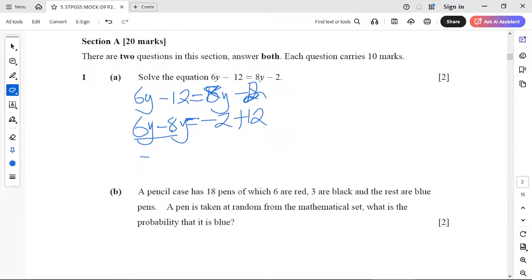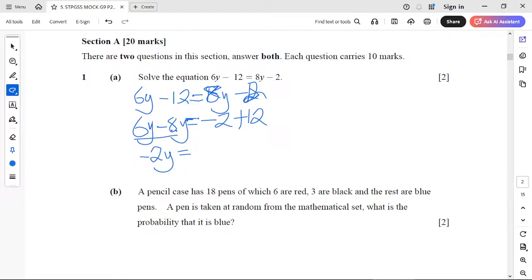Now, since the signs are different, we find the difference. The difference of 6 and 8 is 2. So the answer there is negative 2y, which is equal to, then here, the number with the bigger quantity is 12, so our answer will be positive.